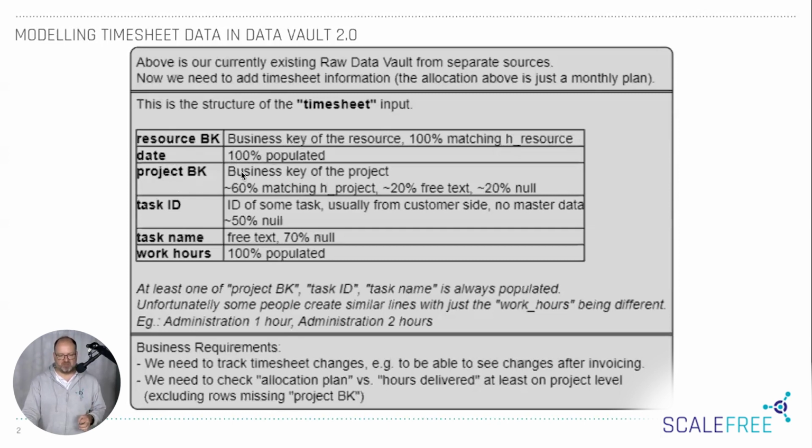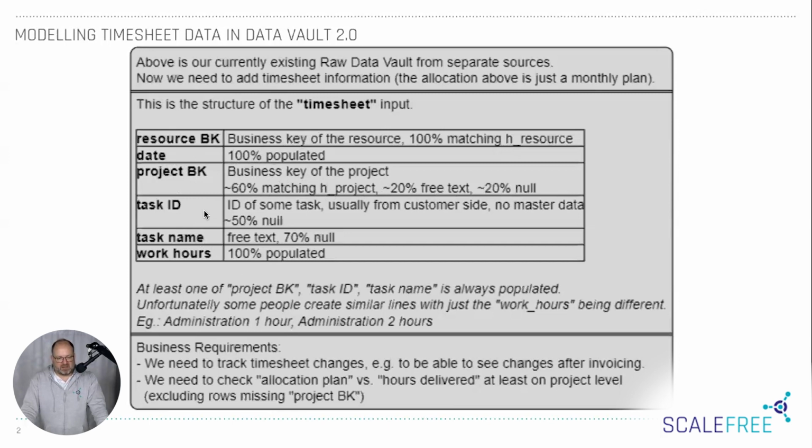Some project business key. In some cases, it's matching the business key from the project hub. In some cases, it's free text. So I assume there is some key or whatever, but it does not match one of the previous project business keys. Or maybe it's just some free text, my side project, that kind of stuff, right? And then in many cases, also null.